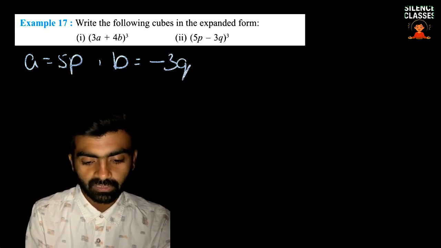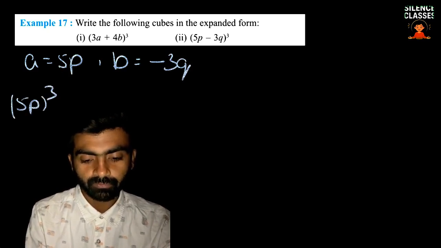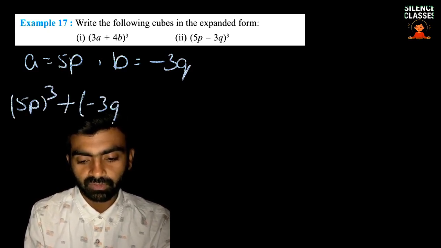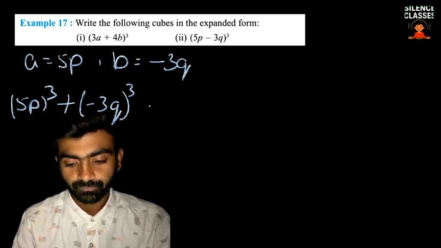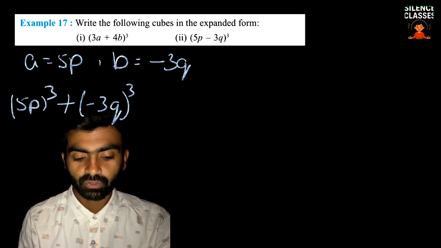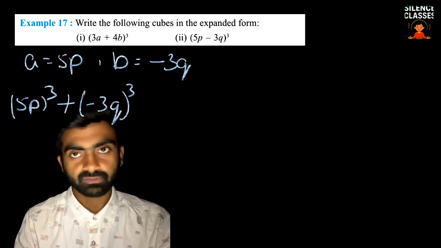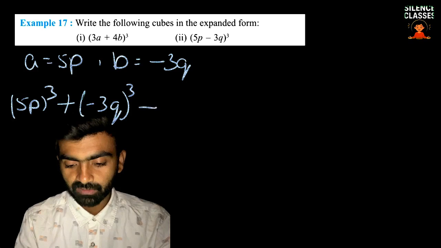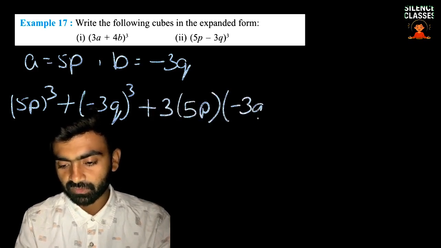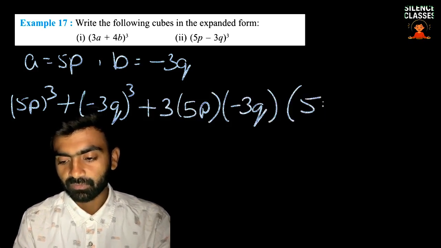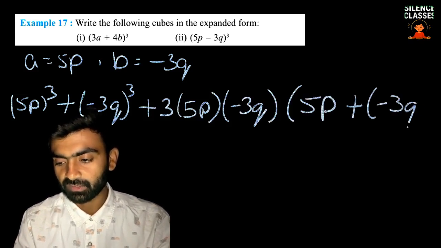So a cube means 5p whole cube plus b cube, minus 3q whole cube. Again a cube plus b cube plus 3ab (a plus b), so 3 times 5p times minus 3q, times 5p plus minus 3q.